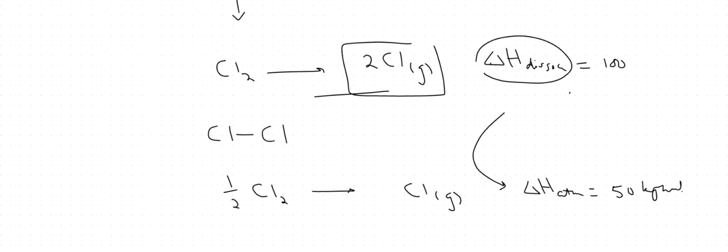But in atomization, we were doing the same thing, breaking the bonds, but the main point was that we always had to create one atom at a time. So 100 will be half, 50, in the atomization concept. Did you get it? Yeah. Sometimes when we solve mathematical questions, they can give you either of these two. If they give you the dissociation energy but you want the atomization energy, keep in mind that you have to halve it.